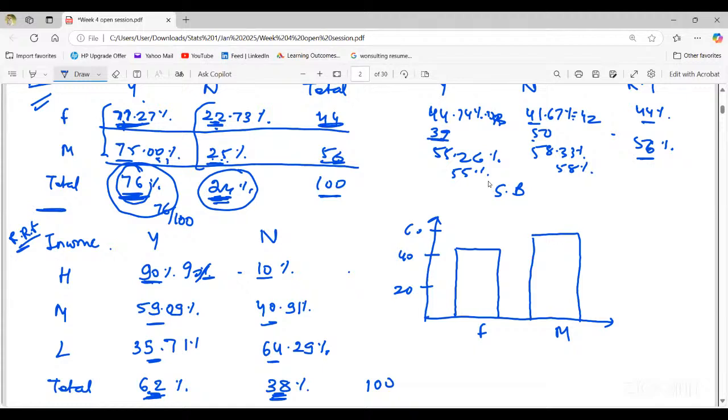If I want to say the number of females who are owning a smartphone, it is like 77%, right? Yeah, 77%. Correct?